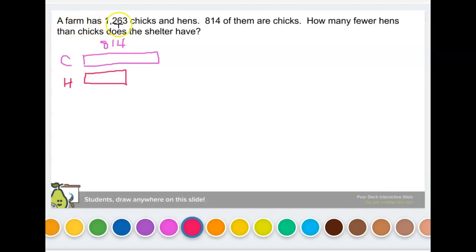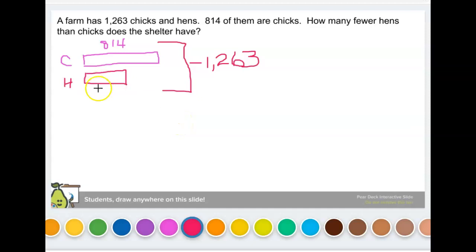But it does tell me how much we have of both chicks and hens. So it knows this number. The number we have all together is 1,263.